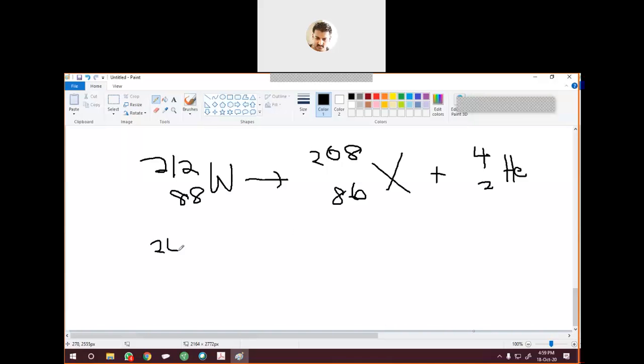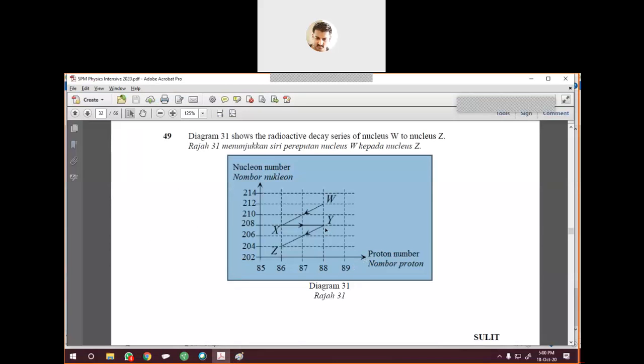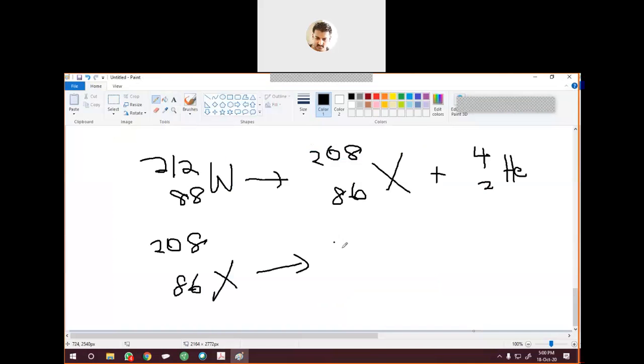Repeat. So 208, 86 of X eventually becomes 208, 88.